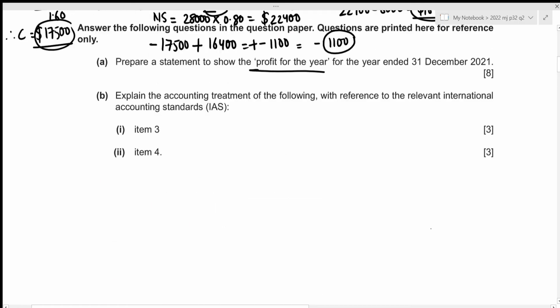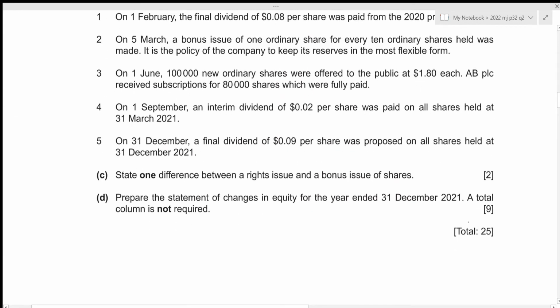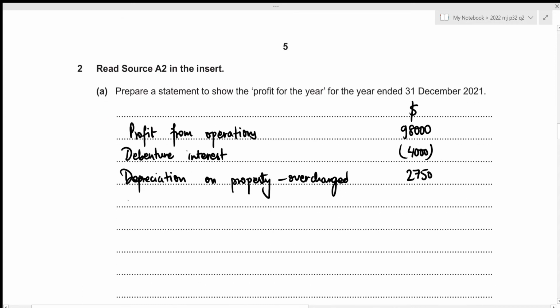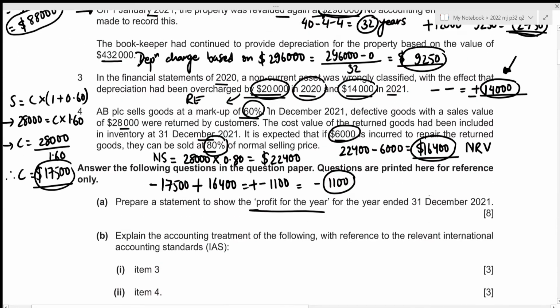Then we were again told that the depreciation had been overcharged by 14,000, and in order to rectify this, we just need to add this amount back. Let's do that. Again, that is depreciation on non-current assets, which was again overcharged. So that was 14,000.